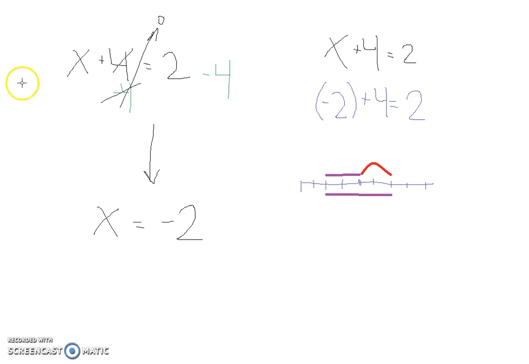So let's try one that's a little bit more complex. How about, making this up off the top of my head, 4x divided by 3, and you know, I'm not going to overcomplicate anything.